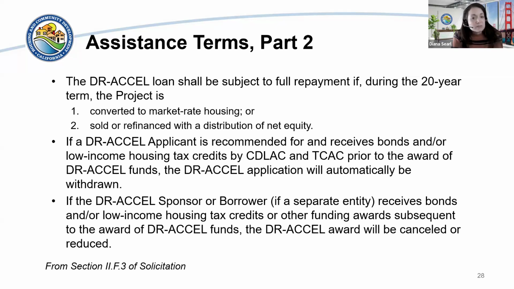If the DRSL sponsor or borrower receives bonds and/or low-income housing tax credits or other funding awards subsequent to the award of the DRSL funds, the DRSL award will be canceled or reduced.